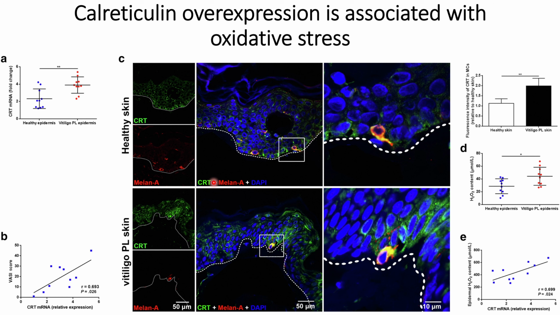From this whole set of experimental figures, they make the point that calreticulin overexpression is related to oxidative stress in the melanocytes of patients affected with the vitiligo skin disorder.